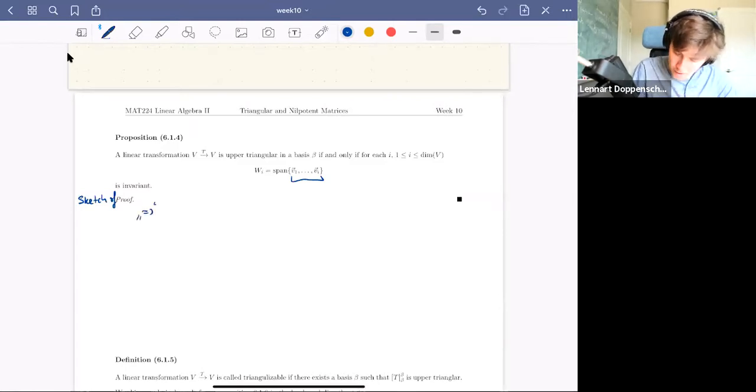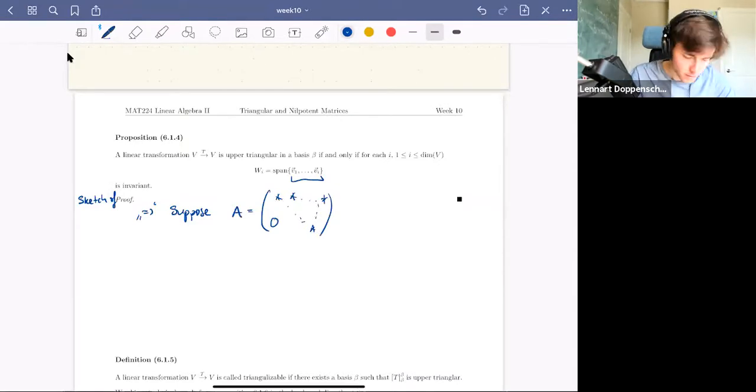So in one direction, let's suppose A is upper triangular. So this means there's something on the diagonal, something here, and there's zero on the bottom.